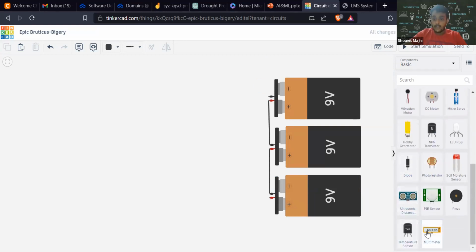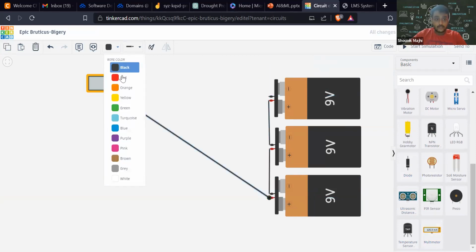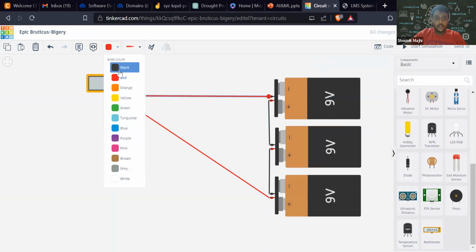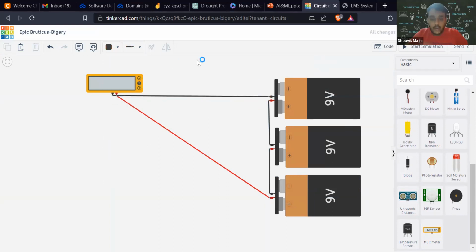So let us take the multimeter and connect one lead to the positive end and one to the negative end, right? Like this. So what do you think the equivalent voltage will be, right? Let's go and check. If I go to start simulation, my equivalent voltage is 27.